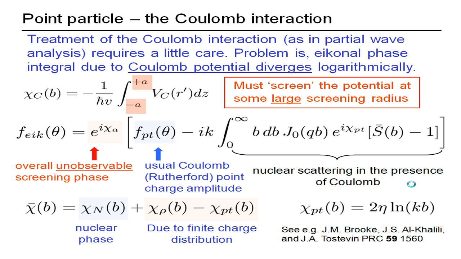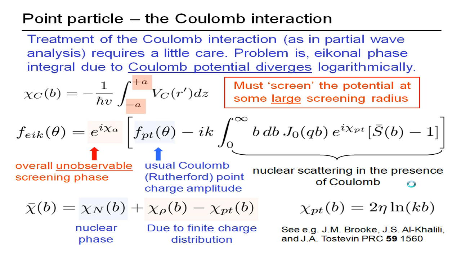So you have to do a technical little trick. There's always a technical trick when you're dealing with the Coulomb force. The way you would do it here is you say, I know the Coulomb force is long range, but in physical reality, these nuclei have electrons around them, and when I get sufficiently far away there is a screening radius, and beyond some very large radius these particles in reality never see this nucleus any longer.